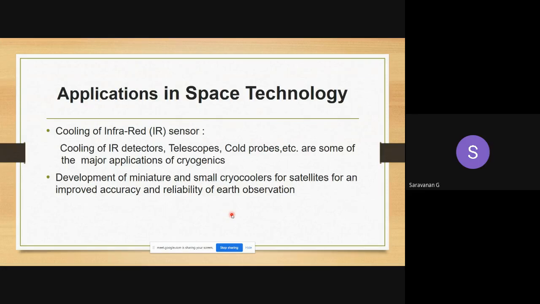If we want to launch a satellite or a space transportation mission and increase the accuracy and reliability of Earth observation, we develop miniature cryocoolers for satellites. There we can use cryocooling systems to maintain extremely low temperatures, so that thermal emission can be controlled during satellite operations.